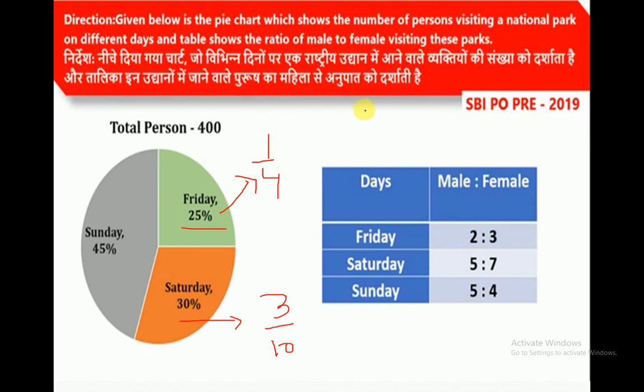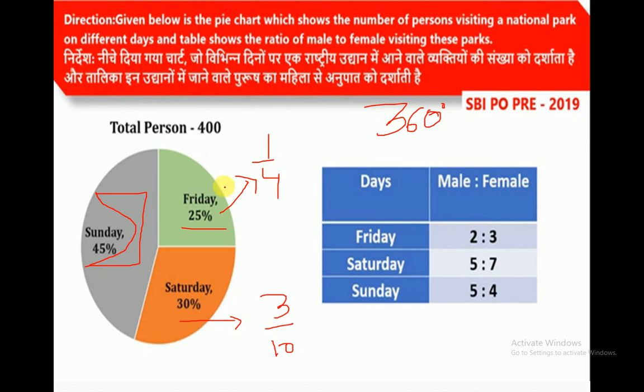And the full circle is 360 degrees. Now, you may want to find out the value of Sunday separately, or you can just directly subtract both these values from this, and you will get it directly. For the time-saving technique we will use the second one. We will not calculate this separately, we will just subtract it from this value.